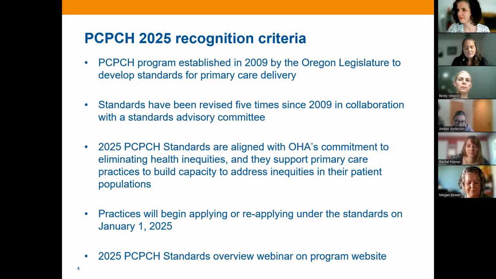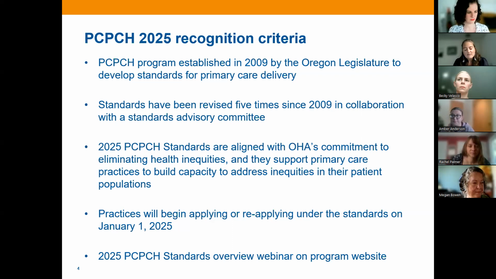The Patient-Centered Primary Care Home Program was established in 2009 by the Oregon Legislature as part of the state's broader health system transformation strategy to improve access to care, reduce costs for patients, and improve population health. The standards are developed in partnership with an advisory committee and have been revised 5 times since 2009. The 2025 PCPCH standards were developed to support Oregon Health Authority's strategic goal of eliminating health inequities by 2030.